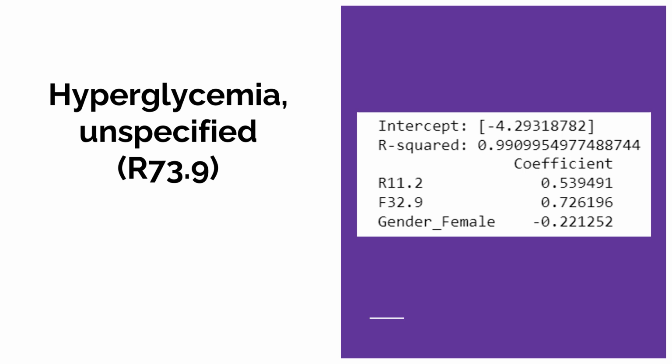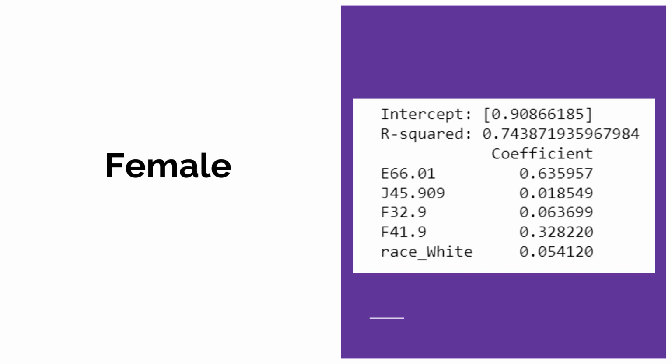Hyperglycemia, or R73.9. These were the variables that came up as non-zero. For the female variable, which was statistically significant in the initial regression, these were the variables that came up as significant when we ran female as the response variable.